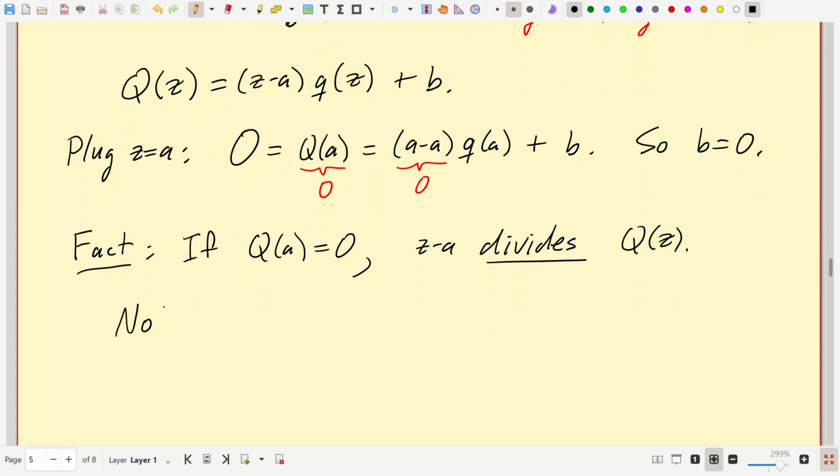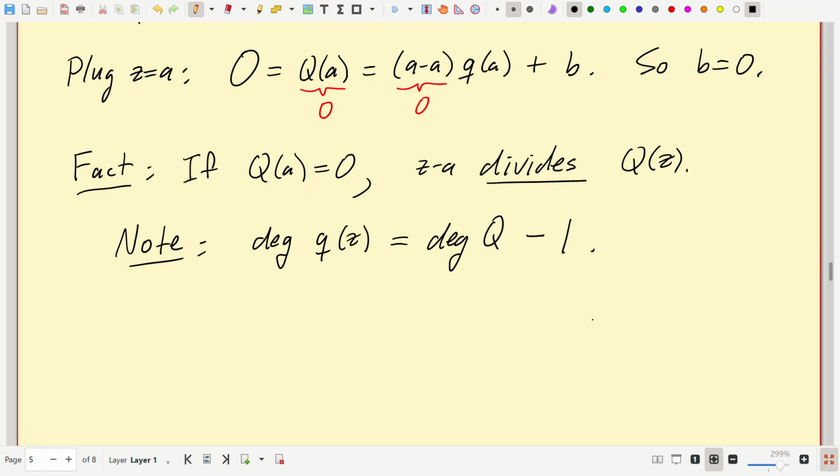So note, the degree of my quotient, little q, is equal to the degree of capital Q minus 1. So I can repeat this process. The fundamental theorem of algebra gives me a root every time the degree is bigger than or equal to 1.